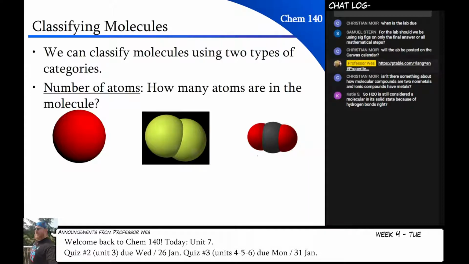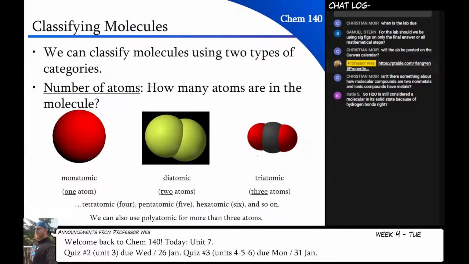The first category is going to be the number of atoms in the molecule. If there is one atom in the molecule, quote unquote molecule, we'll call it monatomic because there's only one thing. Two would be diatomic, three would be triatomic, and this goes all the way up to six or seven or whatever you want it to be.